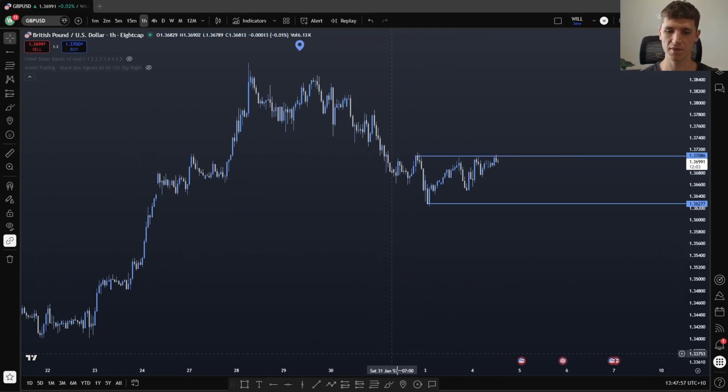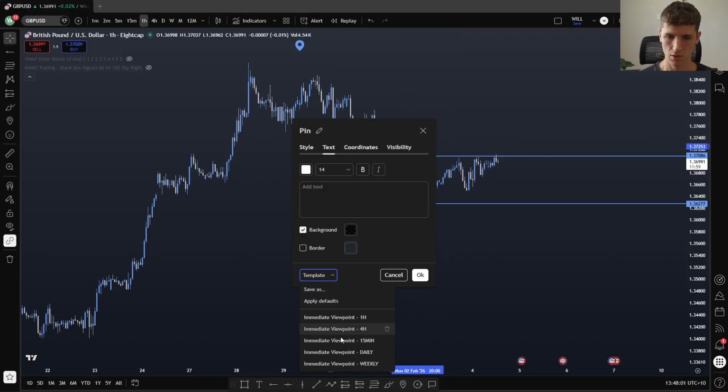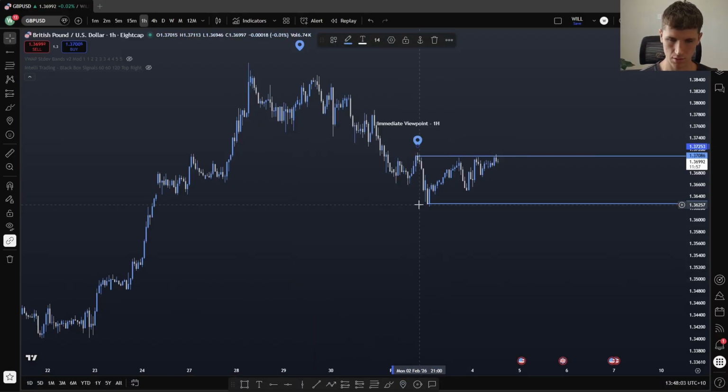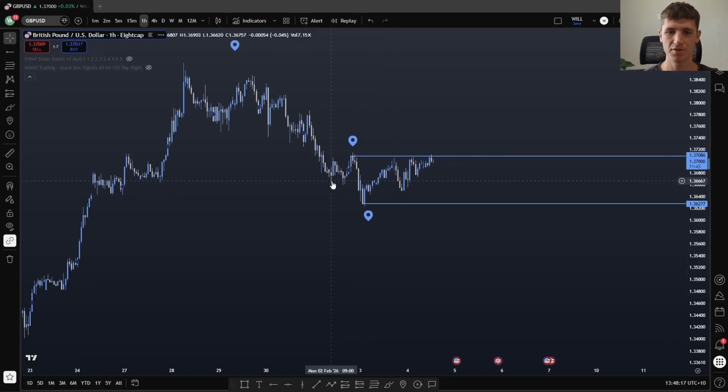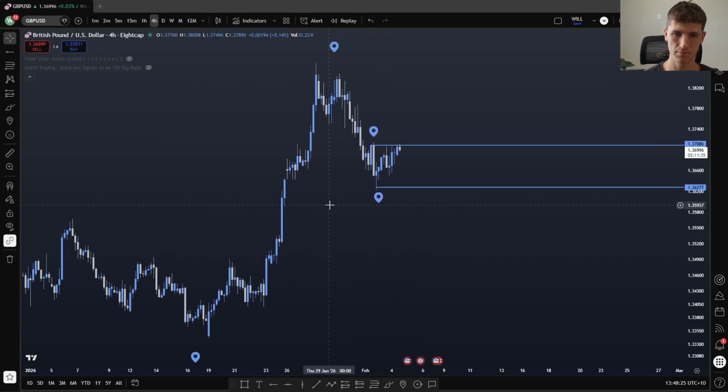If I copy this, we've got weekly, daily, 4 hour bullish, indicating that overall that asset is trending upwards long term. On the lower time frame, the hourly, because it's bearish now, it's indicating that we are retracing within the 4 hour.